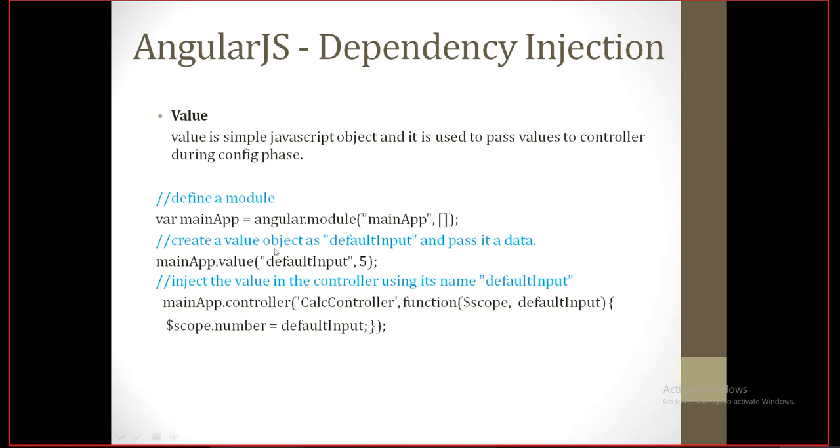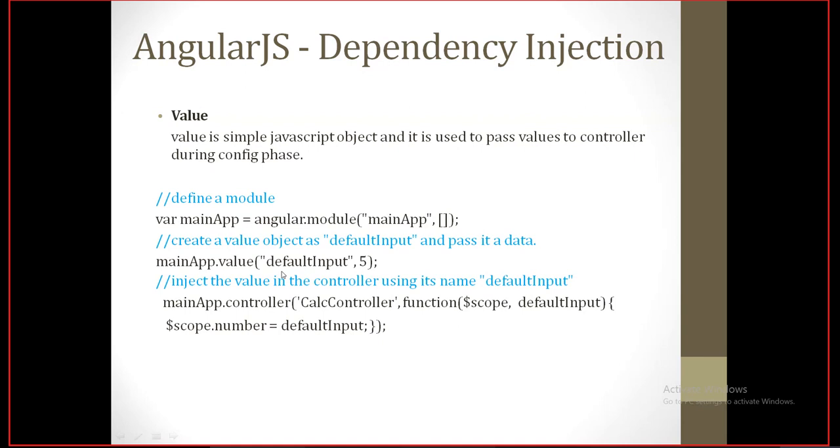And then we are trying to create a value object with the help of the value function, which will be injected as a dependency. So the name of that object is default input, and the data that we are passing for this default input is 5. So this is how we are creating a value object.